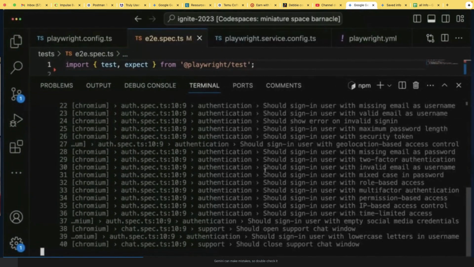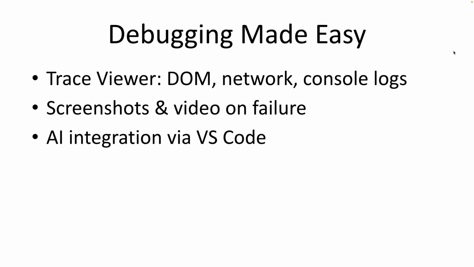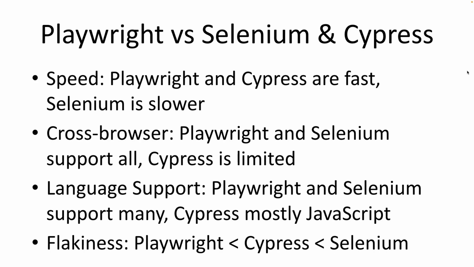Beyond just interacting with elements, Playwright also offers powerful debugging and reporting tools. Features like Playwright Trace Viewer can record every step of your test run, including DOM snapshots, network traffic, and console logs. This is invaluable when a test fails, helping you quickly pinpoint exactly what went wrong.